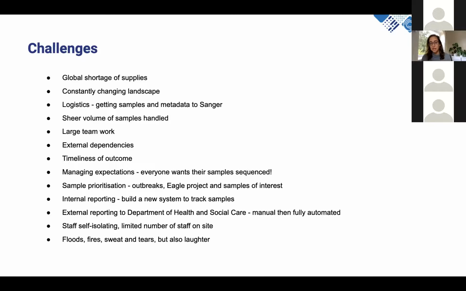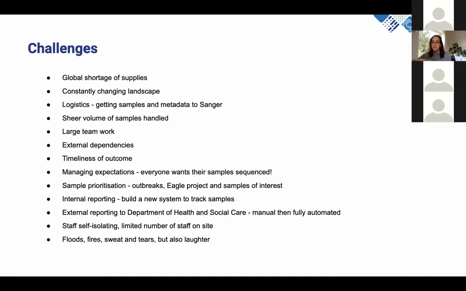And in fact, in February, when the P1 variant was starting to become prevalent here in the UK, I was manually producing reports and giving data to the UK government on a daily basis, because that data would trigger a whole load of contact tracing.